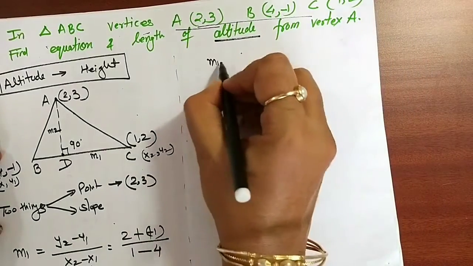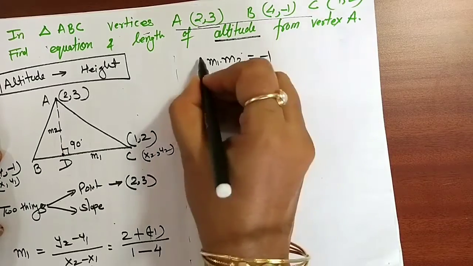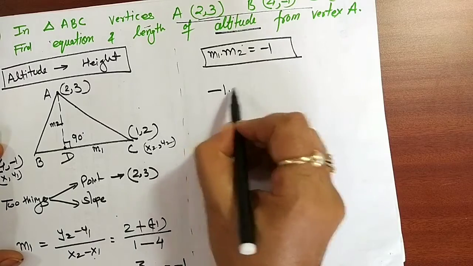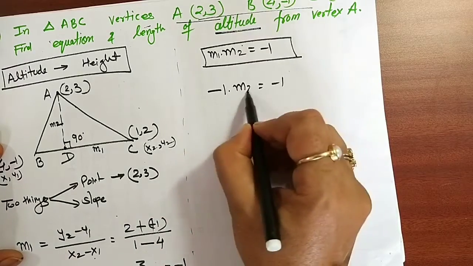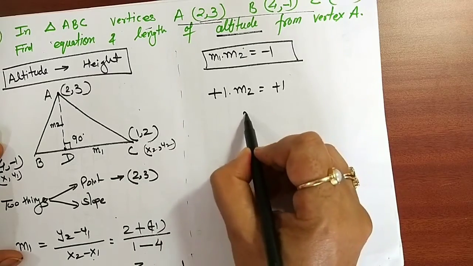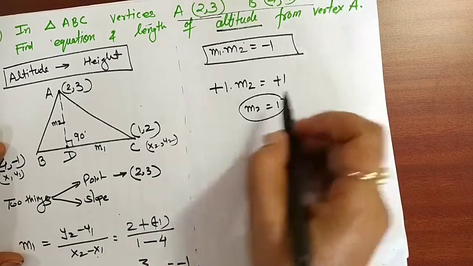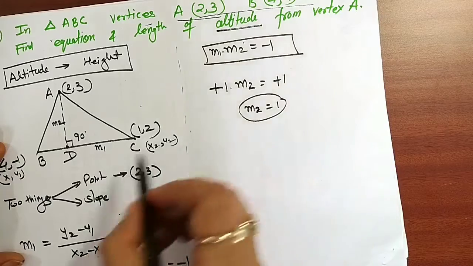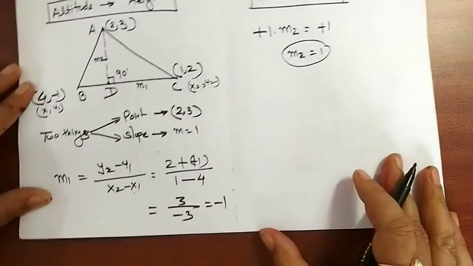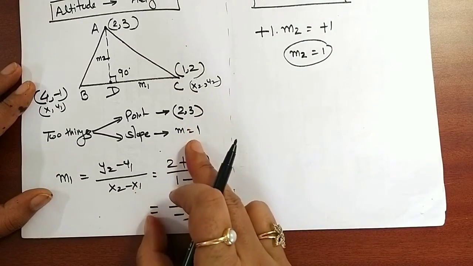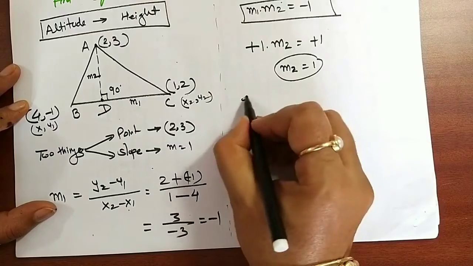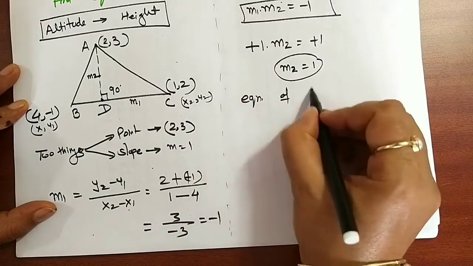So can I say m1 into m2 is minus 1 for two perpendicular lines? m1 is minus 1, m2 I don't know. So minus minus becomes plus. That means my m2 is 1. So I got the slope also. M is 1. Okay. So I got the point, I got the slope. So what to wait for? I can find the equation.